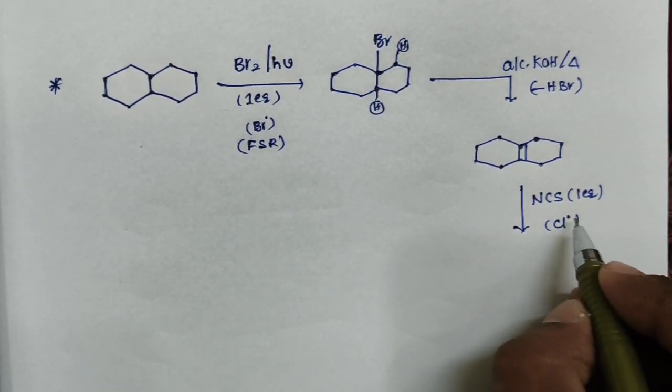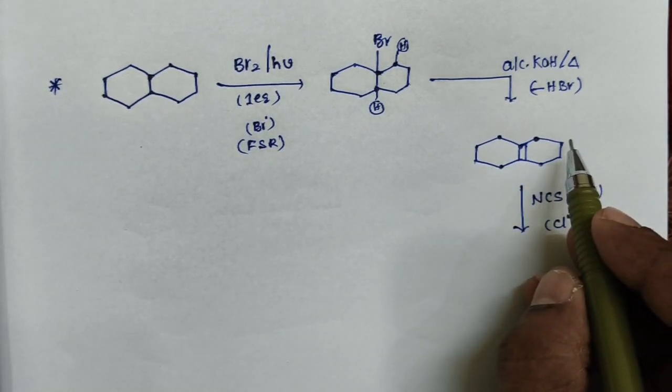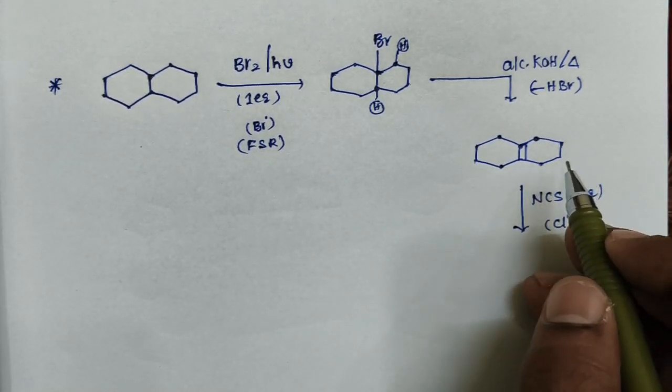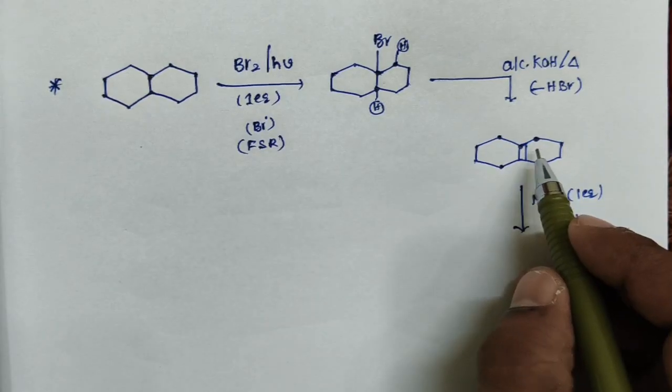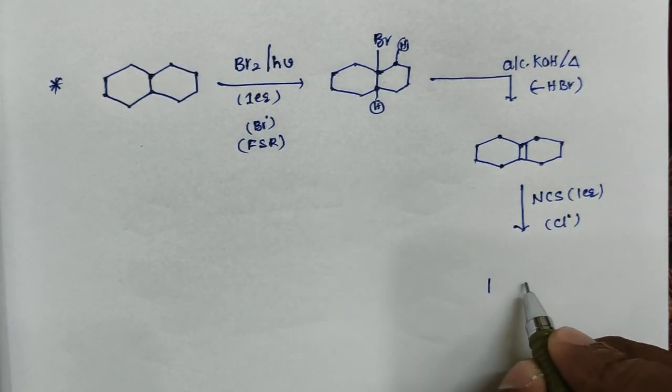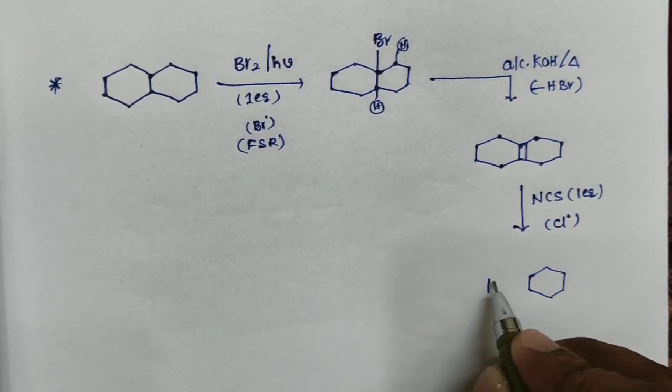First, this chlorine free radical reacts with this H only, and elimination takes place in the form of HCl. So we can write a free radical, and that free radical is also involved in resonance. What are the products formed here? I will write the resonance product also.